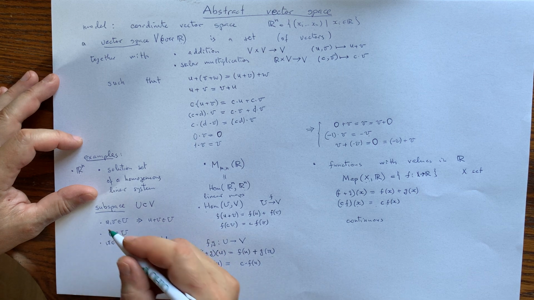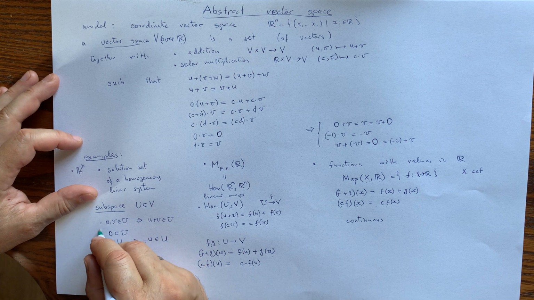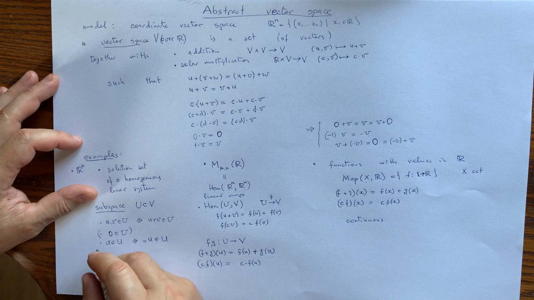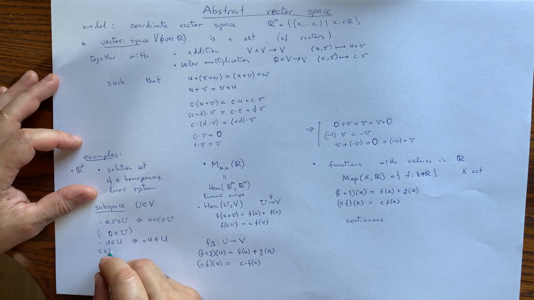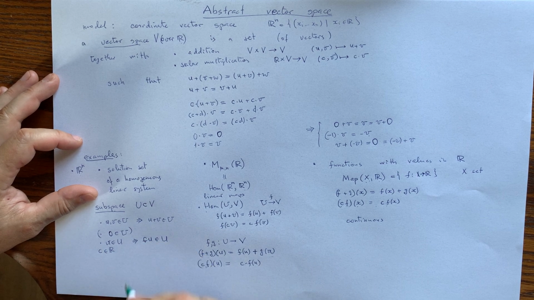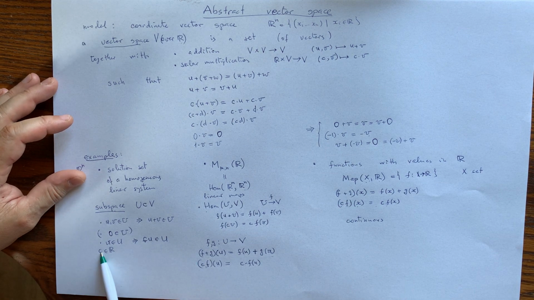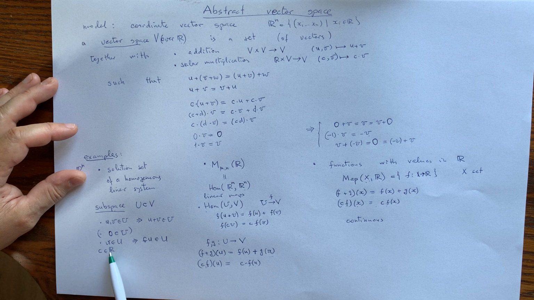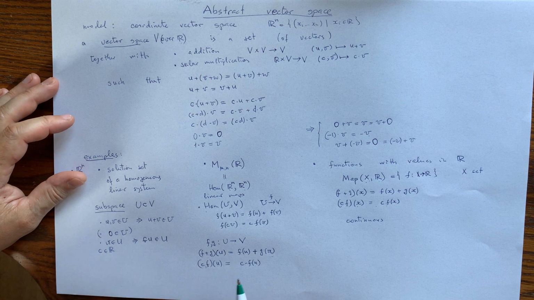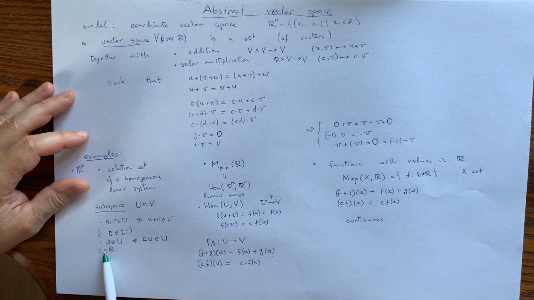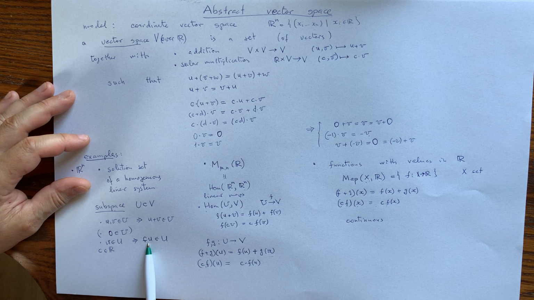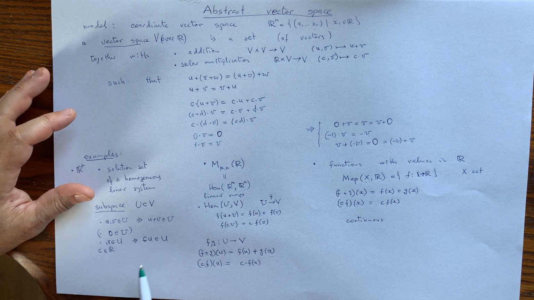Instead of the second one and the third, I should ask that for any number, scaling with this number is in U. Before it wasn't really enough to make it a vector space, because if I would just scale with 1/2 and somehow miss my U subset, then it won't be a vector space. But any vector and any number should produce a scaling which is inside the subspace.